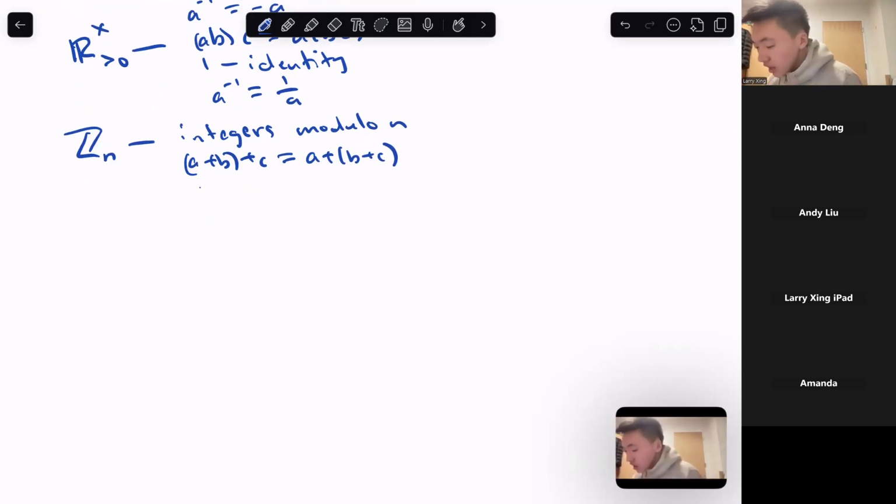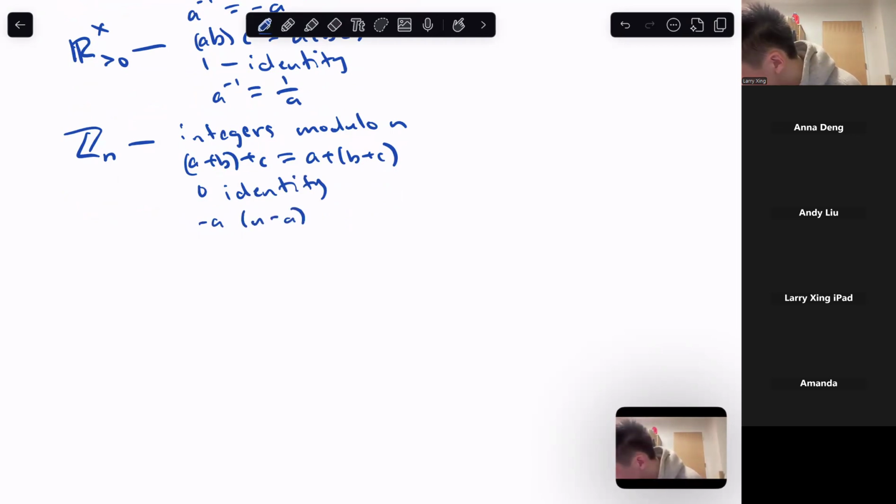And again, we can check 0 is the identity. And then negative A, or also N minus A, is the inverse.